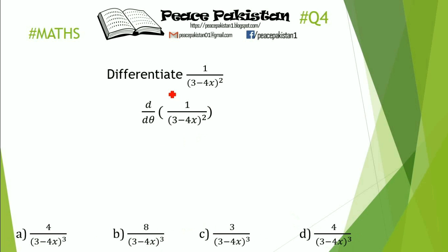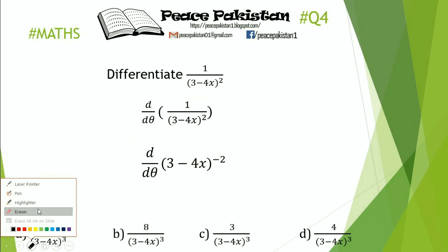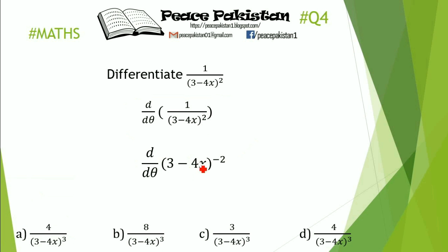Then it can be written like this, and now this. Here there is the derivative of 3 − 4x. First we will differentiate the power, that is −2 into (3 − 4x) to the power −2, and in derivative formulas, we subtract 1 from the power, so it becomes power −3.